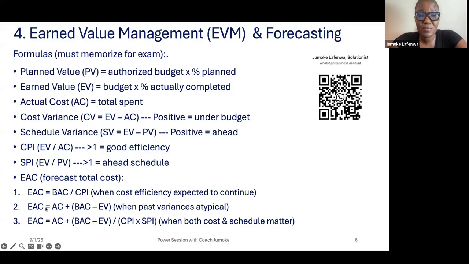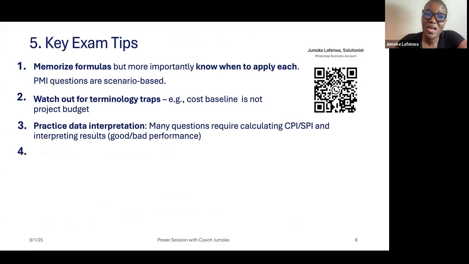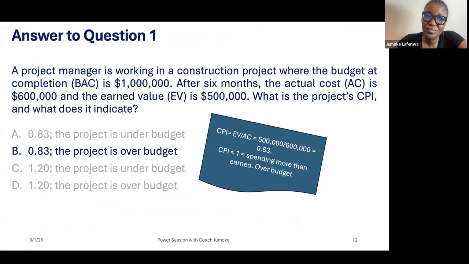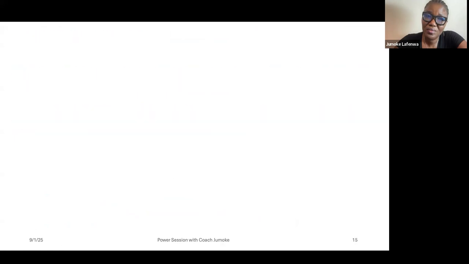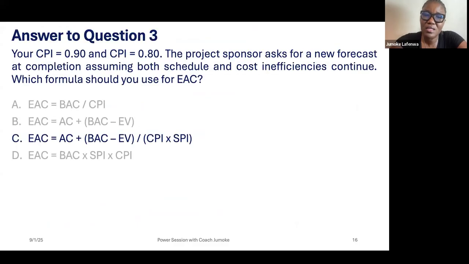This, you have to memorize it. You use this formula when cost efficiency is expected to continue. You use this when past variances are typical. They're not predictable. You use this, the third one, when both cost and schedule matter. So in this one, you have to memorize it. I don't know how else to say it. So the answer is this.